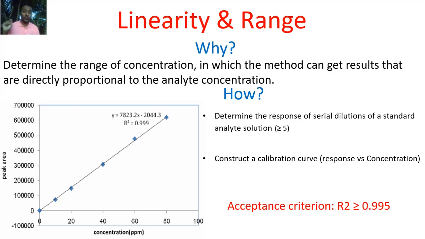This sample is out of your linearity range, and you need to modify the concentration by dilution of the sample or something to get it within the range. Otherwise, it is not acceptable.